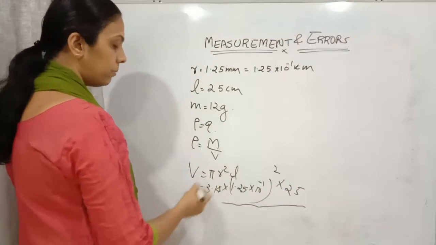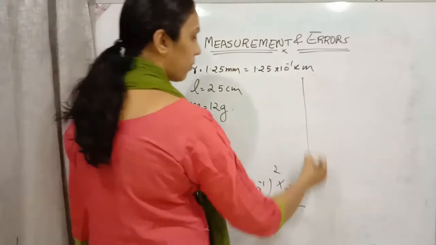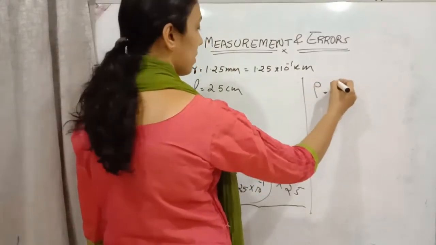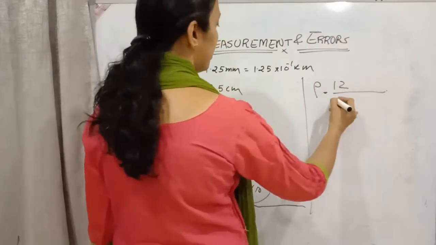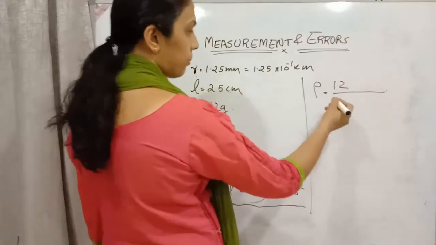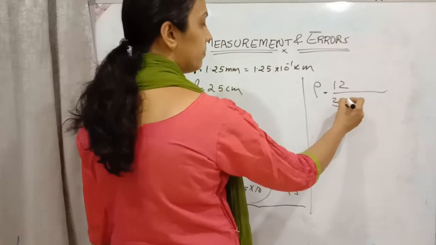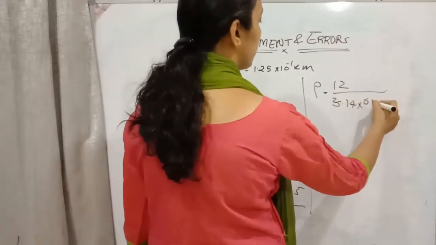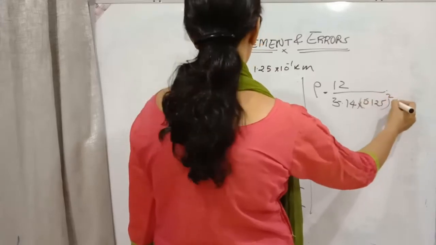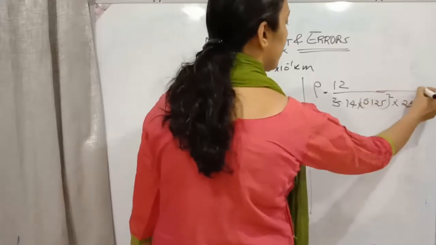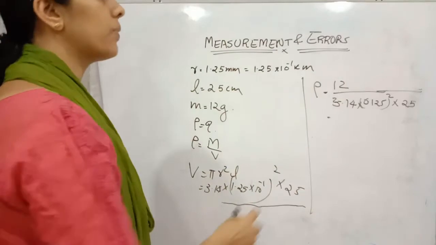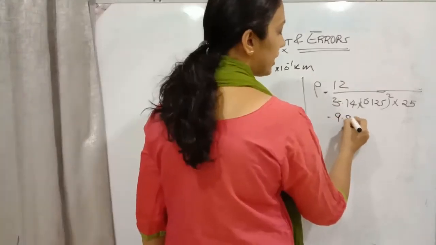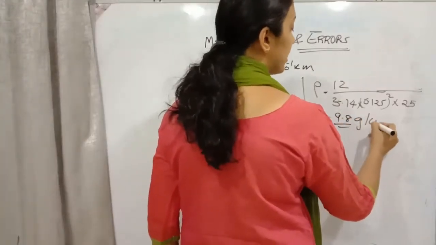This is the volume. Density equals mass by volume. Therefore density equals 12 divided by 22 by 7 or 3.14, anyone you can write, into 0.125 the whole square into 25. While you are solving this, you will get the answer as 9.8 gram per centimeter cube.